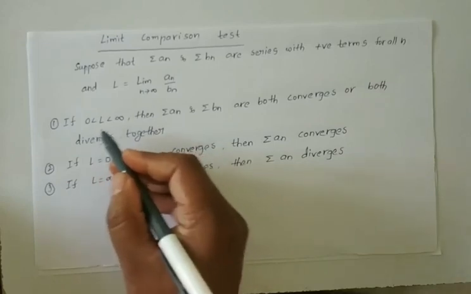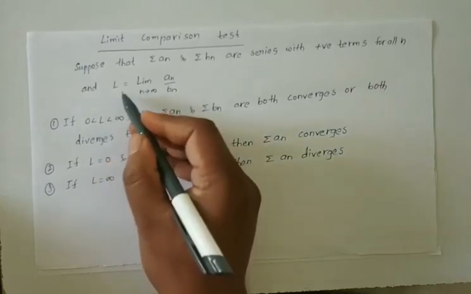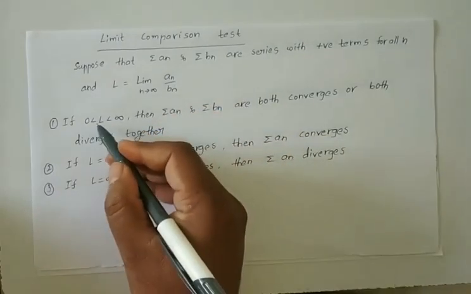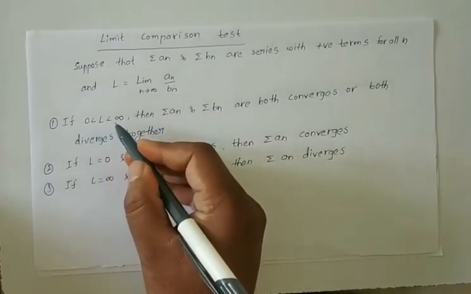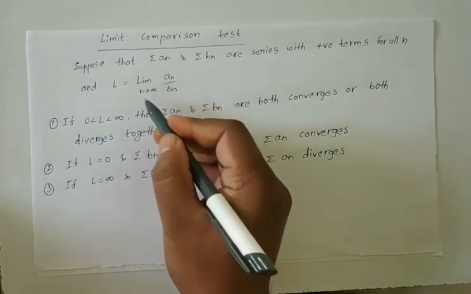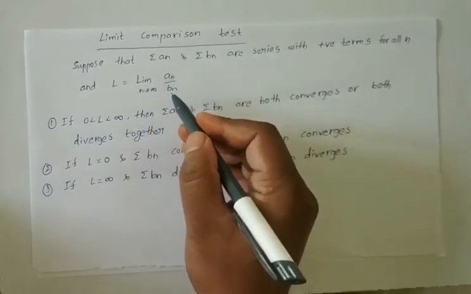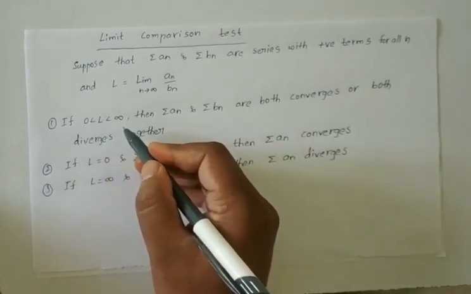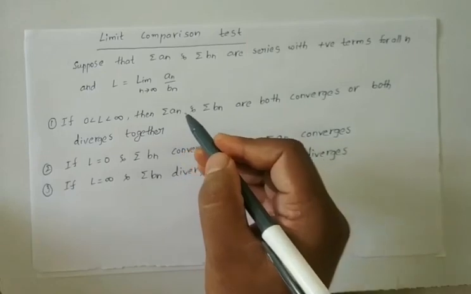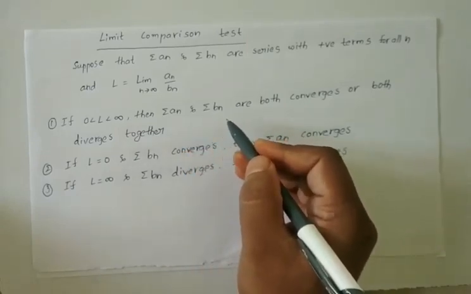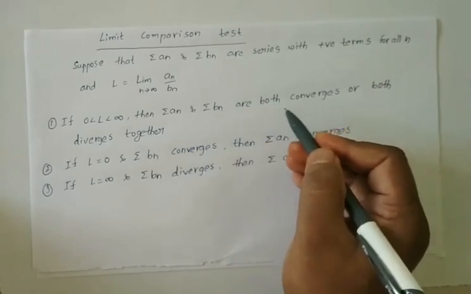That means if the limit of an by bn is not equal to 0 and is finite, then only we will say that both the series summation an and summation bn behave alike. That means both series converge, or both series diverge.